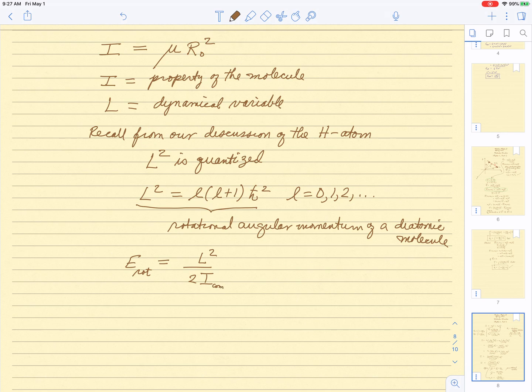And so now we can write this as h bar squared over 2 times the rotational inertia about the center of mass, times L times L plus 1, where L is equal to 0, 1, 2, etc. And L now is the rotational quantum number.